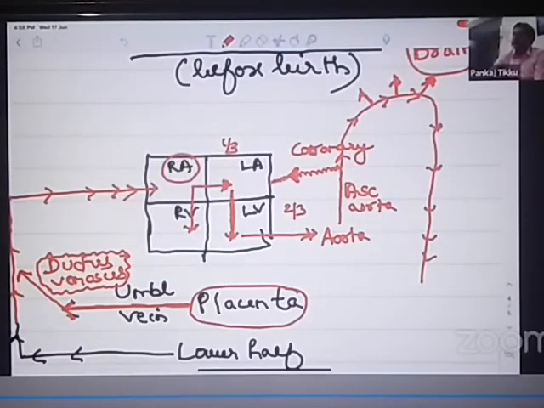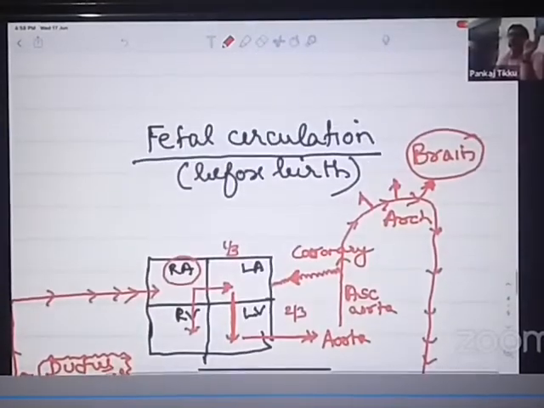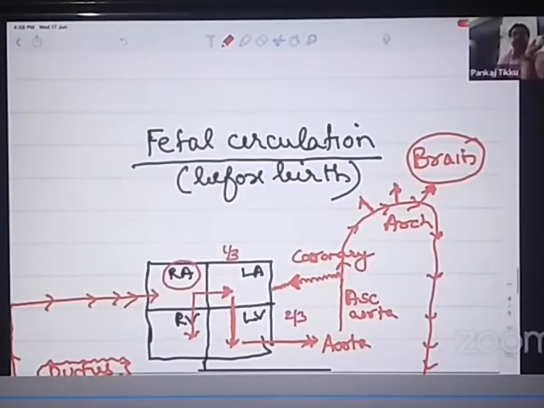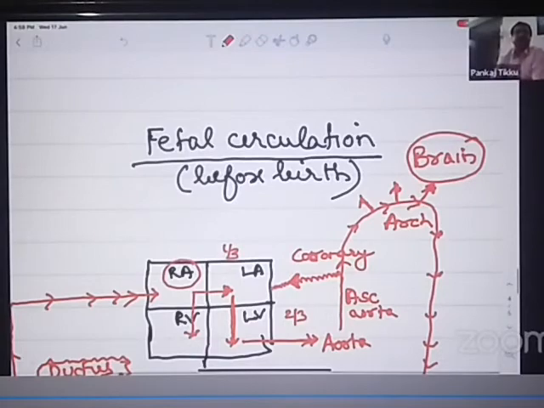Then this blood in the aorta goes up into the arch of aorta, and from the arch of aorta, there are three arteries which are rising. One is known as the brachiocephalic, one is known as the carotid, one is known as the subclavian. So basically the brain, where these carotid arteries go, is also getting oxygenated blood in the case of a fetus.